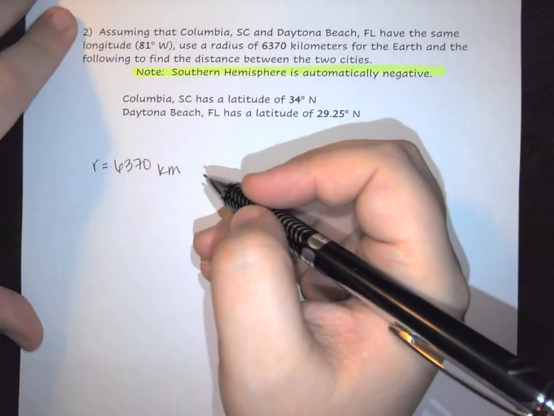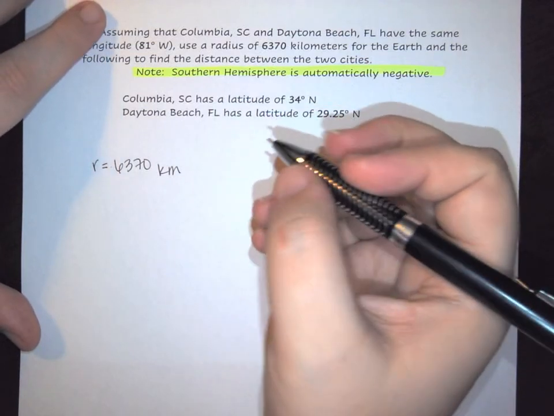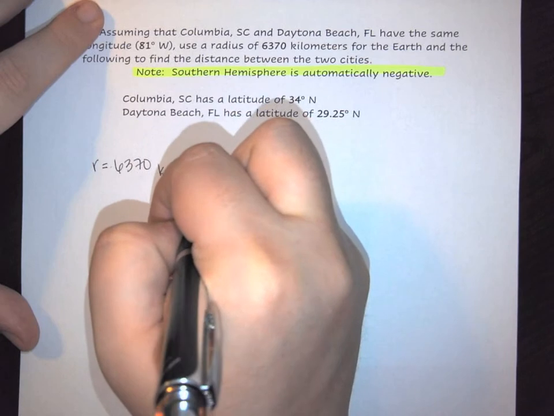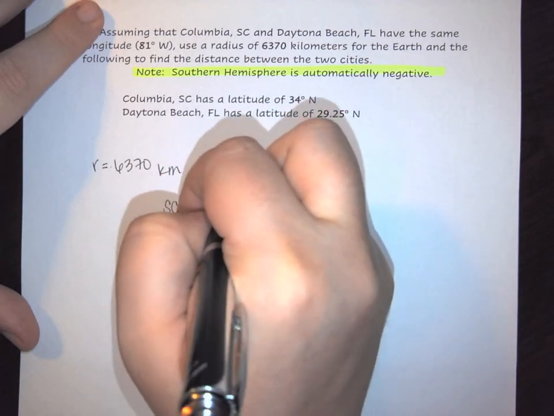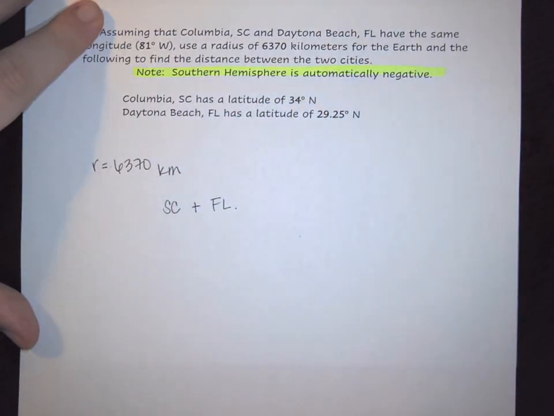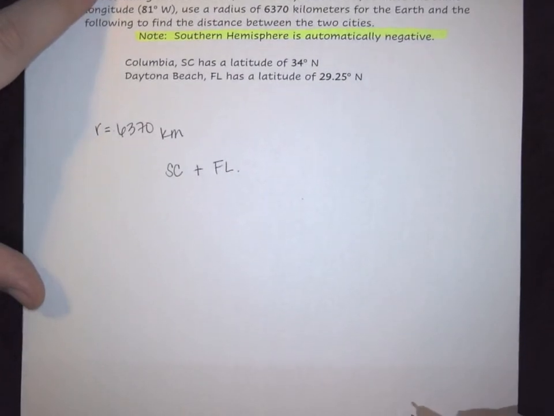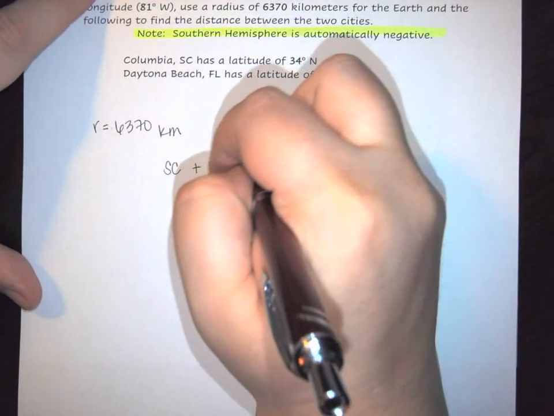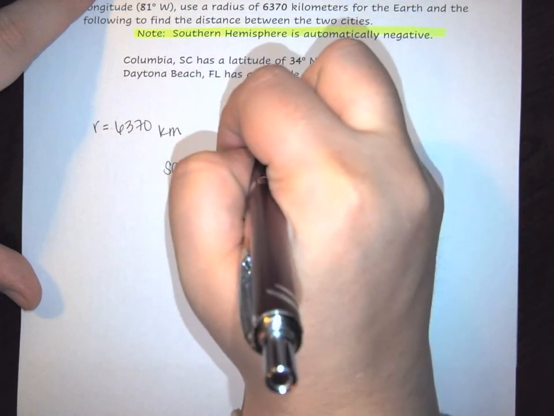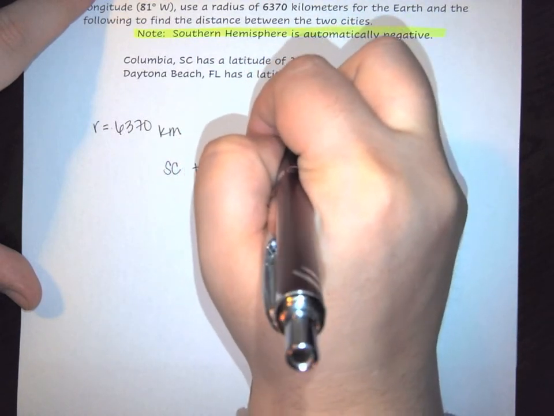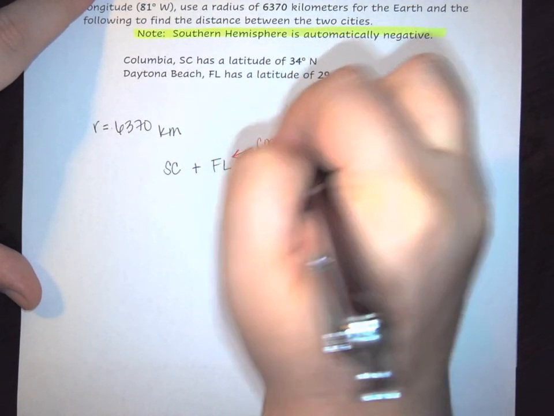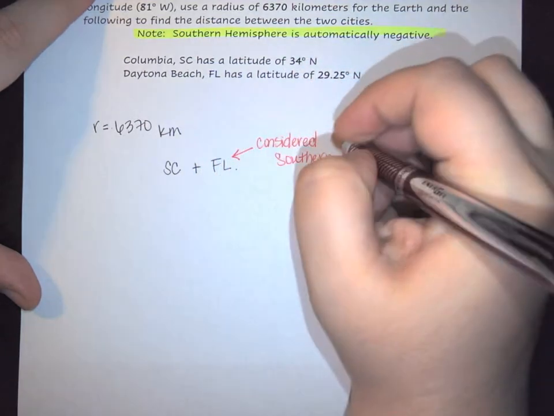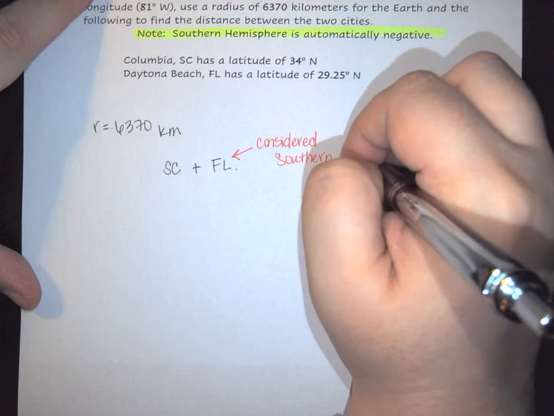We also know that we are looking at having to do your South Carolina distance plus your Florida distance. Okay. Now, that being said, my Florida distance here is going to be considered the southern hemisphere.